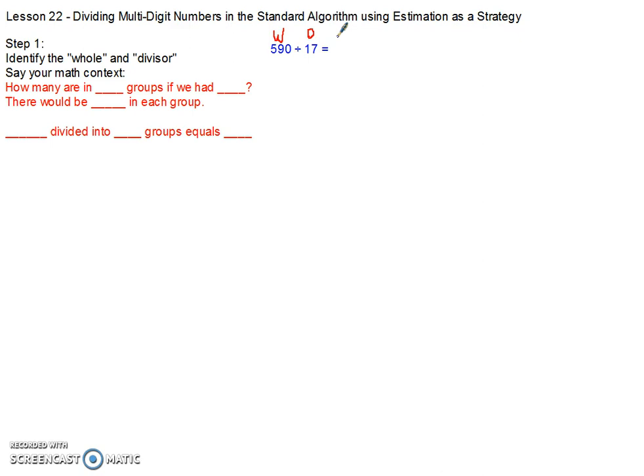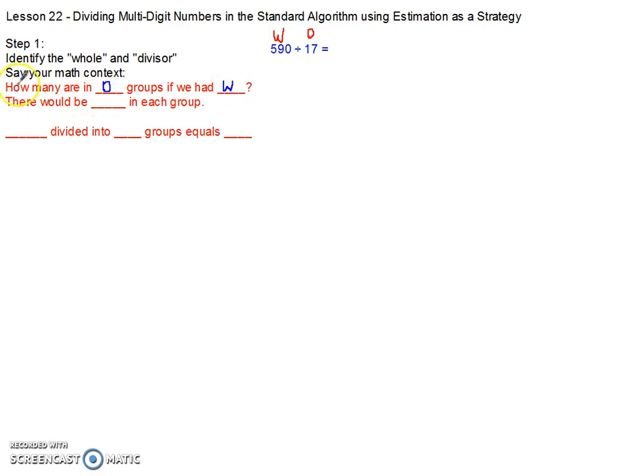And one of the ways that you can do this is by answering this question. How many are in blank groups if we had blank? Your divisor is your number of groups, and then you say how many whole items you have total, which would be your whole.